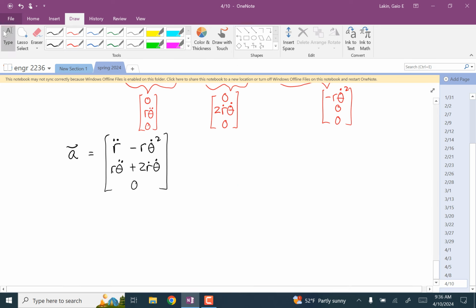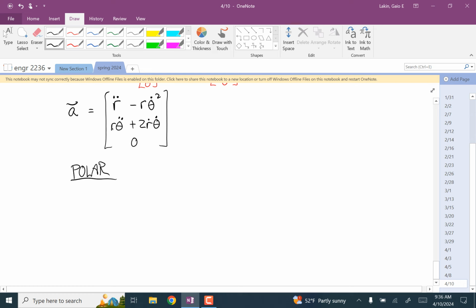So in polar coordinates, this is the punchline, the take-home message. The position vector is r, 0. We only care about the r and theta axes, where this is your e_r and this is your e_theta.